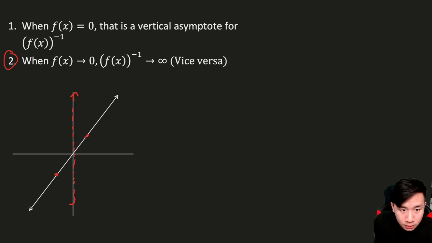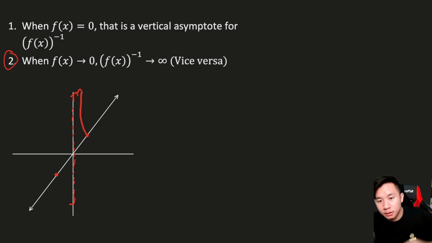So let's say from this point downwards, we are approaching 0. Okay? And so that means the reciprocal function approaches infinity. And so what's going to happen is we're going to have something like this. Alright? And vice versa. So if the original function goes up, then the reciprocal function goes down.